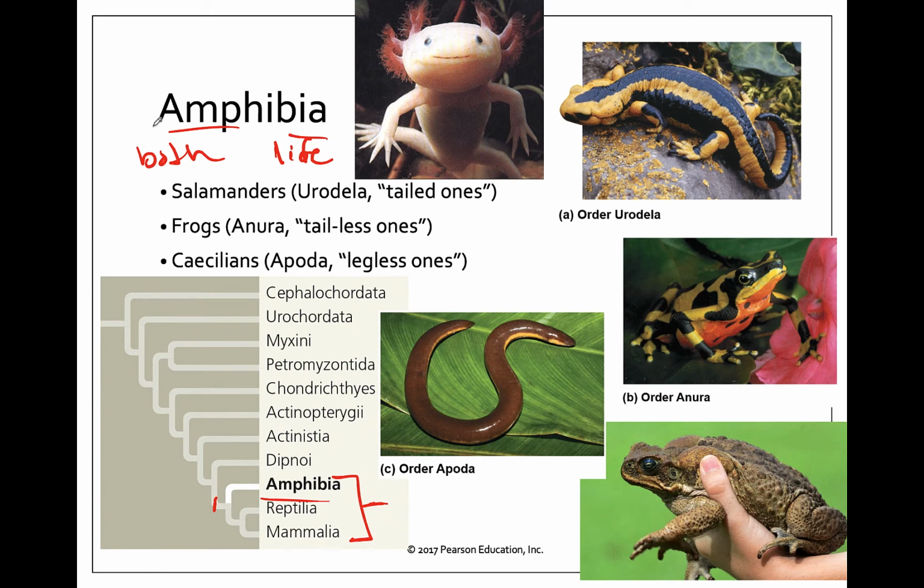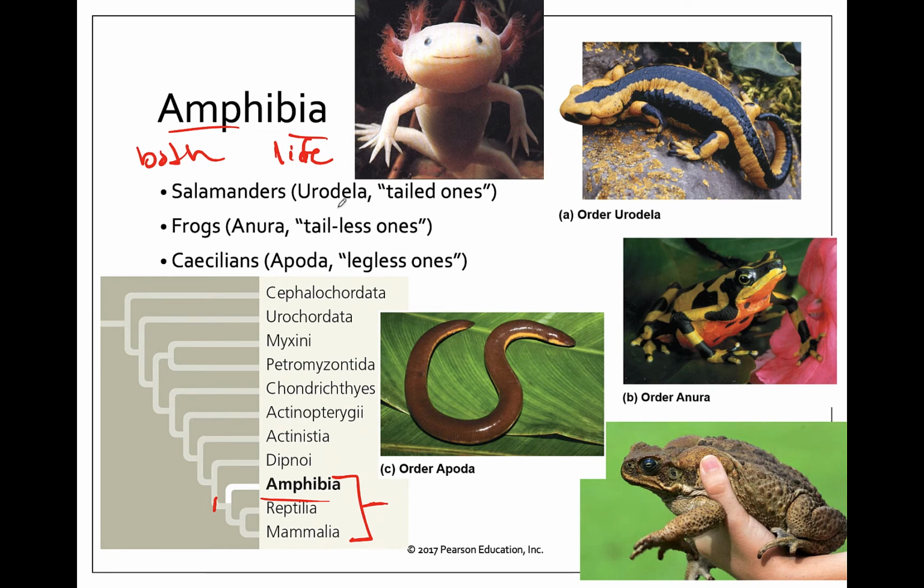These are typically found in both aquatic and terrestrial environments. A lot of these individuals start out as aquatic and then move on to land as they develop into adulthood. But that means that their eggs are attached to water. So they don't have any kind of covering on their eggs that's going to protect them from drying out.